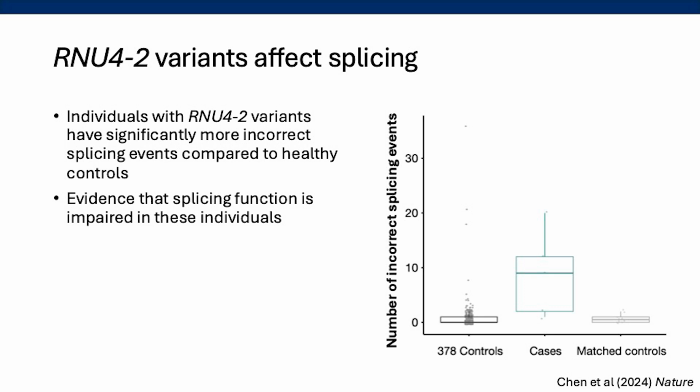So they do have more incorrect splicing events compared to healthy controls. This shows evidence that the function of splicing in these participants is impaired. So we show that RNU4-2 variants indeed cause these participants' phenotypes by affecting the function of splicing.